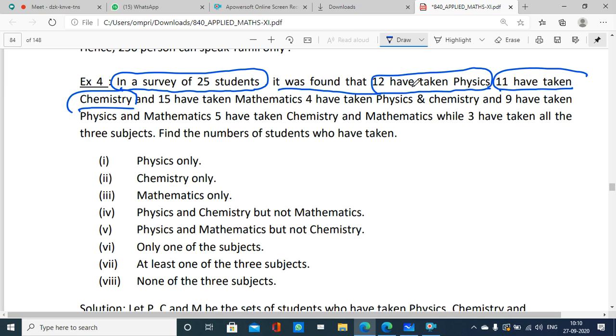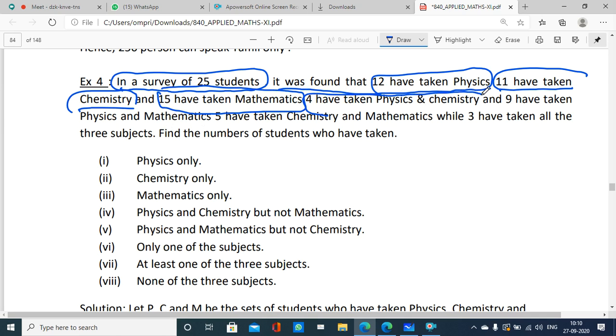Nowhere is it written that 12 took physics only. It says 12 took physics, which means they might have taken chemistry with physics also. Doesn't matter. 15 have taken mathematics.